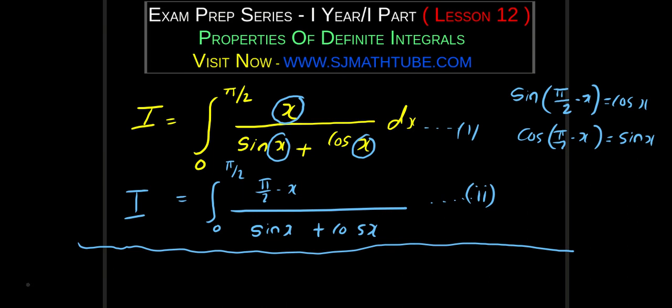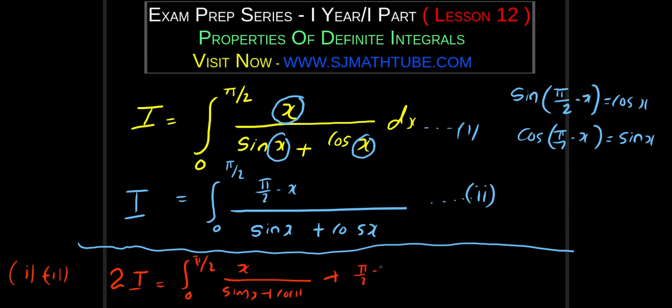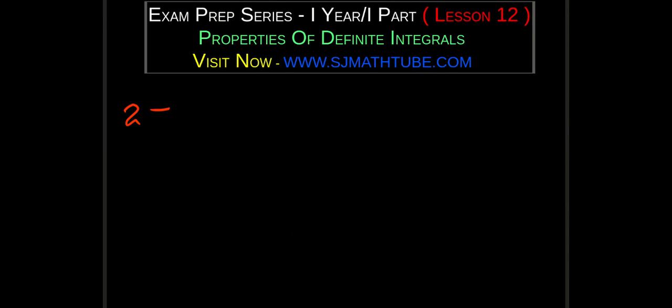Now let's write equation 1 plus equation 2. So what is this I plus I? 2i. And the integral is common. So the denominator is common. So you are going to get x by sin x plus cos x plus pi by 2 minus x by sin x plus cos x, at the last dx, of course I forgot dx over here, and you're going to get 2i.